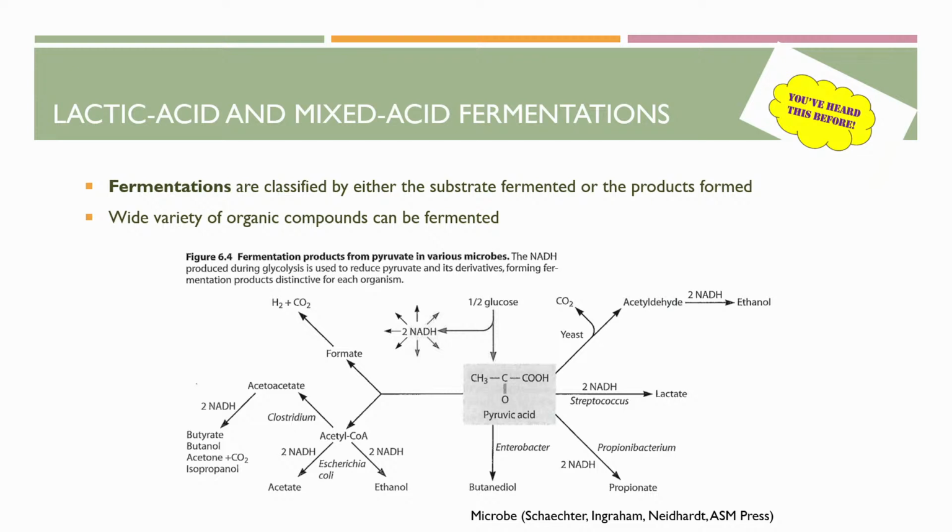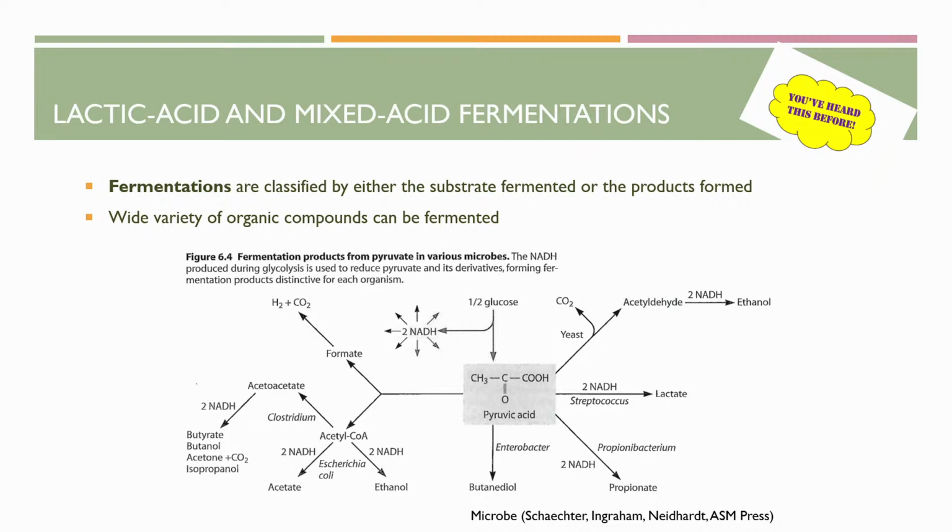So if you see over here, I actually forgot my pointer in my office, but you'll see here that you have some substrate that ends up being fermented and broken down into butyrate. There's propionate right here, lactate, and then there's acetate. These all can happen depending on the type of bacteria that is breaking it down and fermenting and doing what it needs to do.